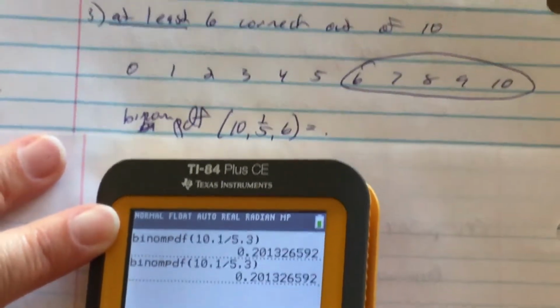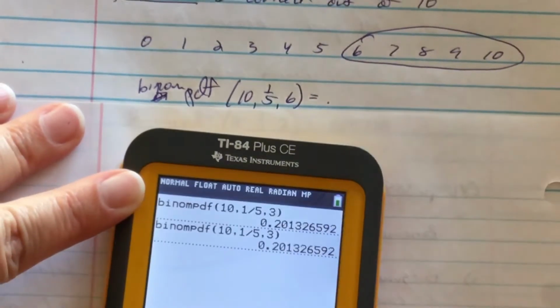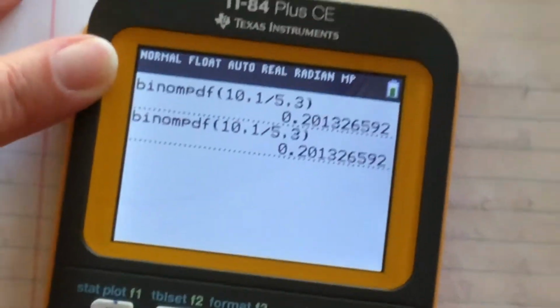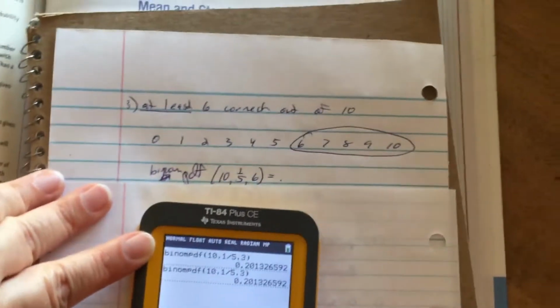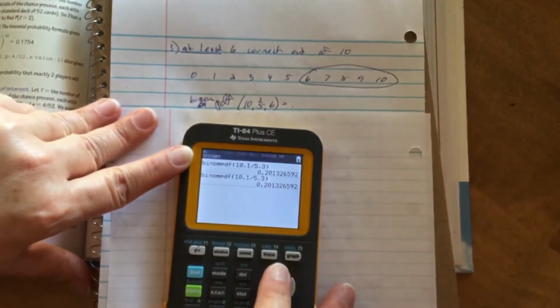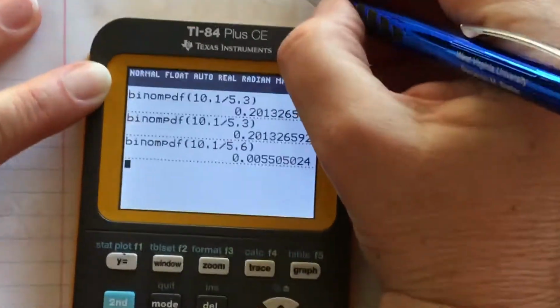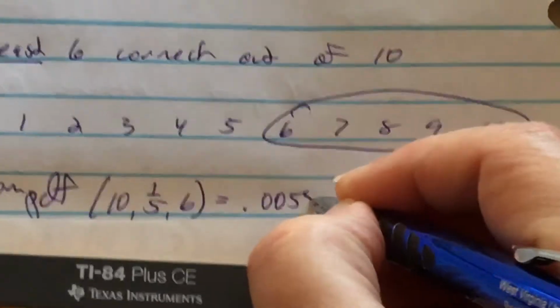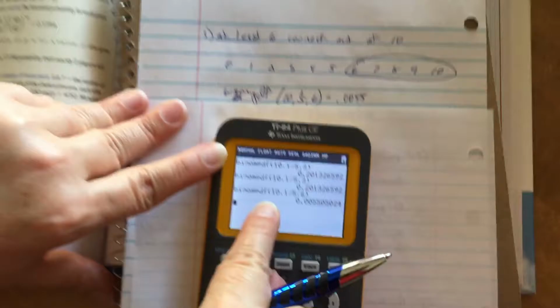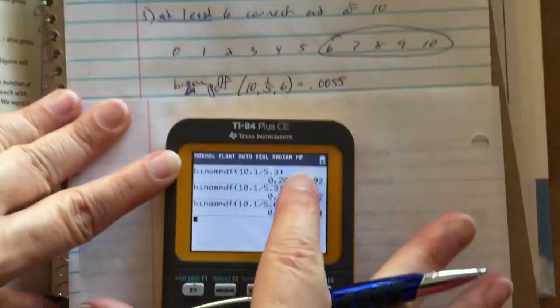Binomial PDF. Shoot, what am I doing wrong? Oh, I didn't change the 3. Darn it. There you go. 0.055. Okay, so the probability of getting exactly 6 out of 10 is 0.055. And I just used the same binomial PDF that we used before.